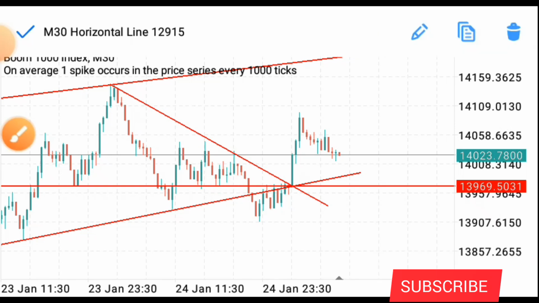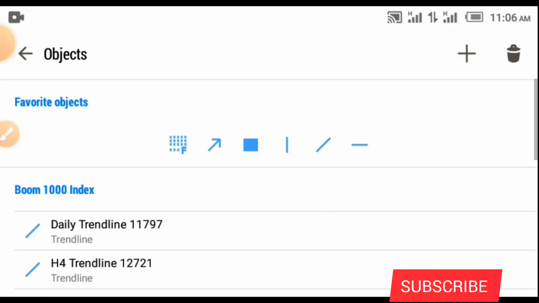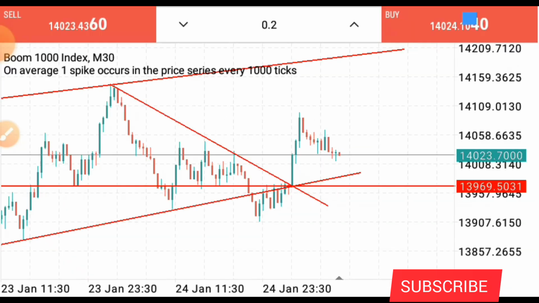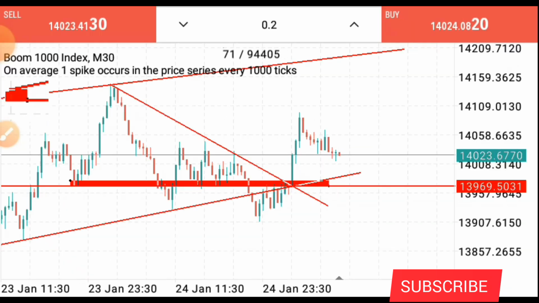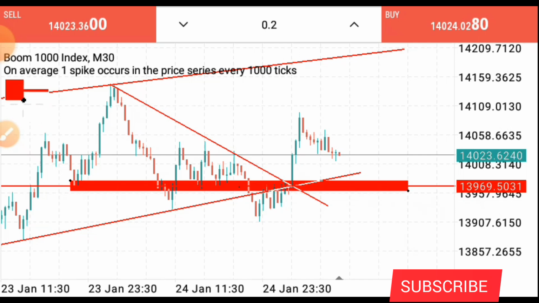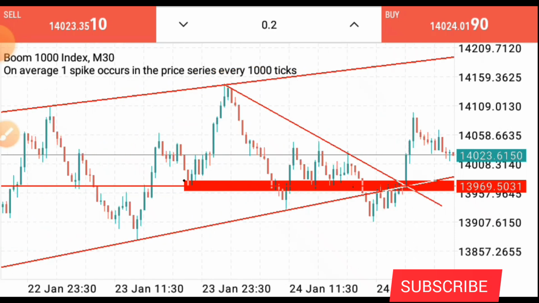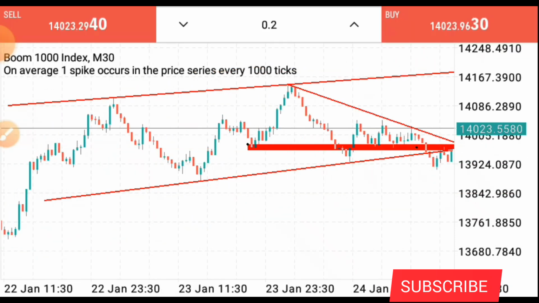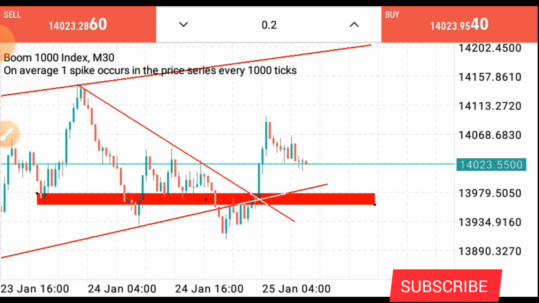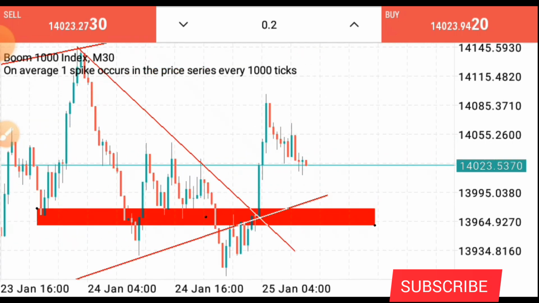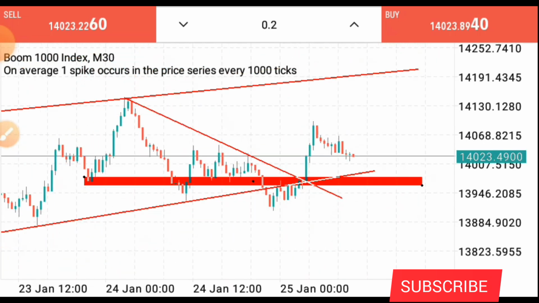So I will also mark that out in order to have the confidence I need to take my entry whenever price gets to that area, right? So I'm just going to delete this line now. So you can see, guys, this is what's happening here.